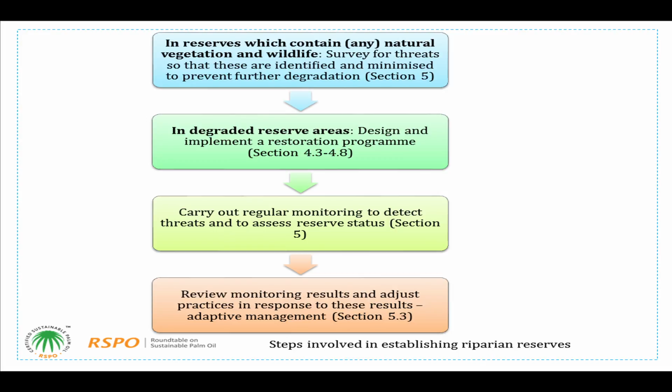Then in degraded reserve areas, the manager will need to design and implement a restoration program. After that, they carry out regular monitoring to detect threats and to assess reserve status. And lastly, review monitoring results and adjust practices in response to these results.